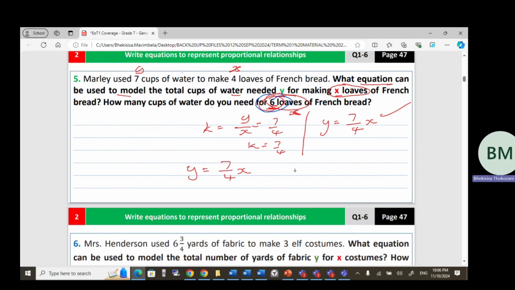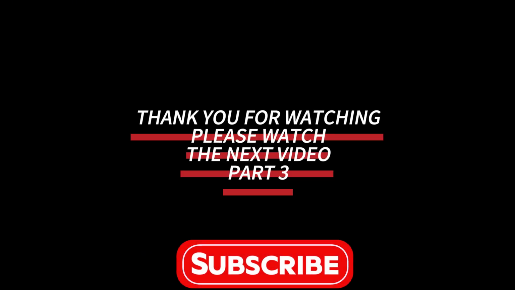So it's going to be y equal to 7 over 4. I can just write here that x there is equal to 6, because those are loaves, 6 loaves. Okay, because x represents your loaves. So that's very important. So that's why now I'm going to multiply everything by 6. All right.